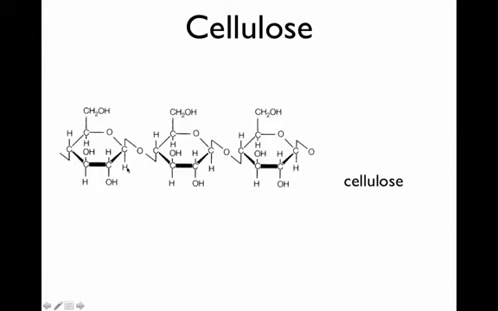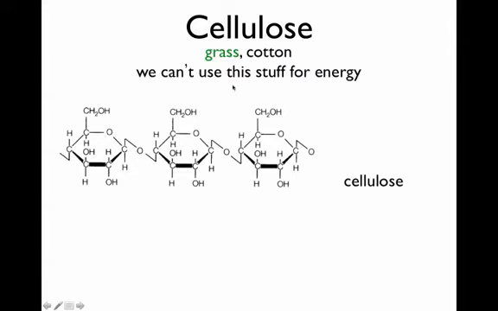And they're basically saying, look, the way that these things were pointing when the attachment was made is important. If you attach the glucoses when one of the alcohols is pointing up and one is pointing down, you make cellulose.